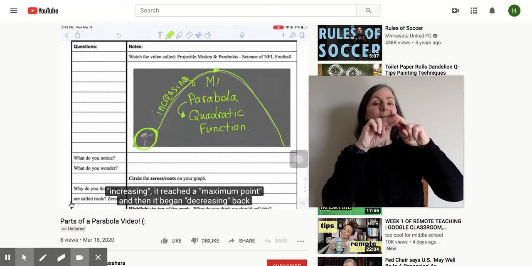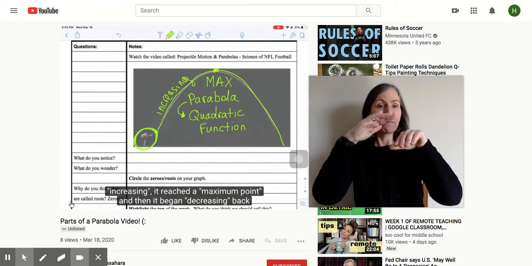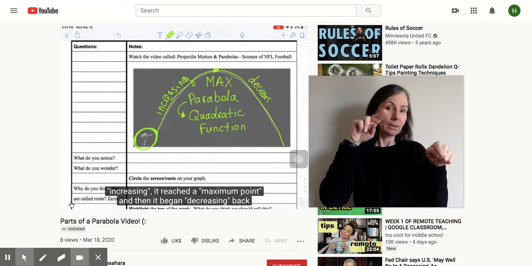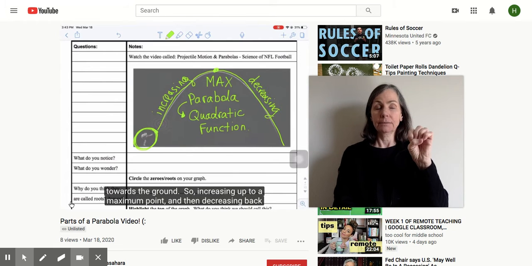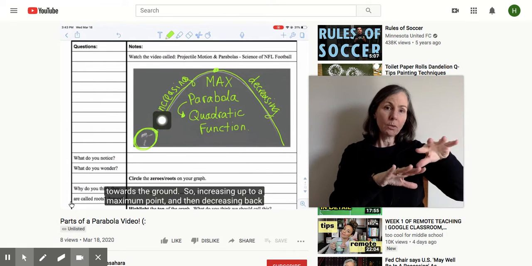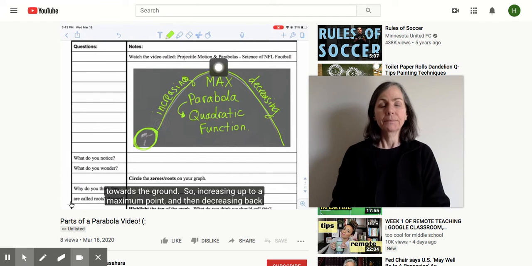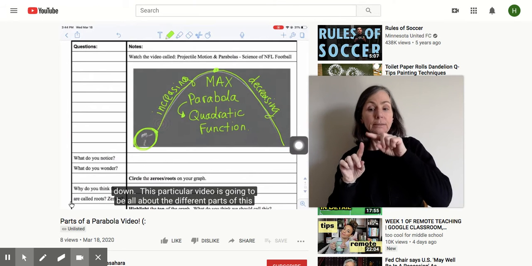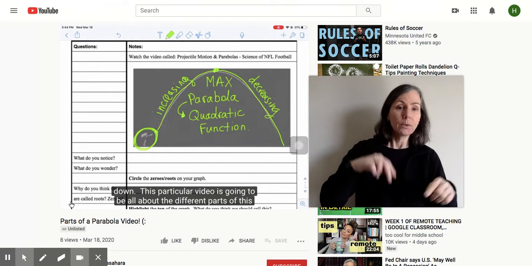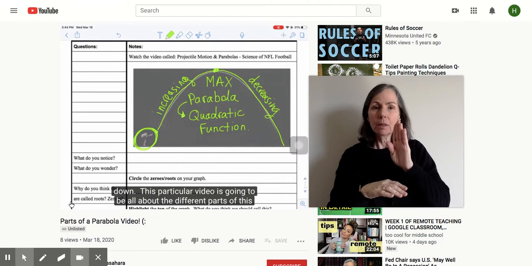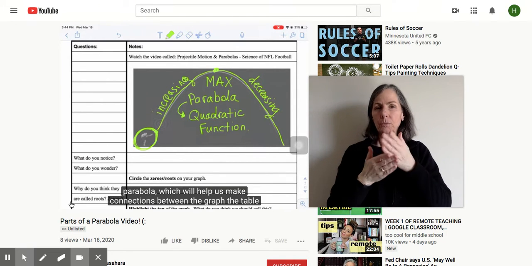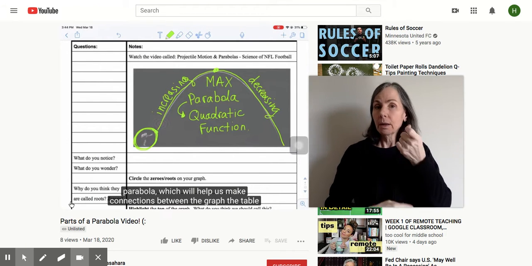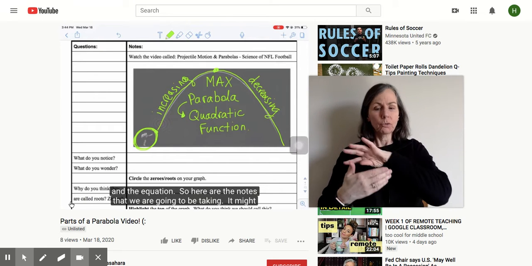It reached a maximum point, and then it began decreasing back towards the ground. So increasing up to a maximum point, and then decreasing back down. This particular video is going to be all about the different parts of this parabola, which will help us make connections between the graph, the table, and the equation.